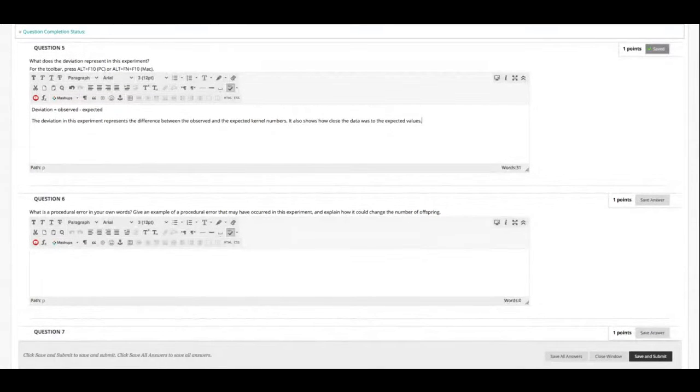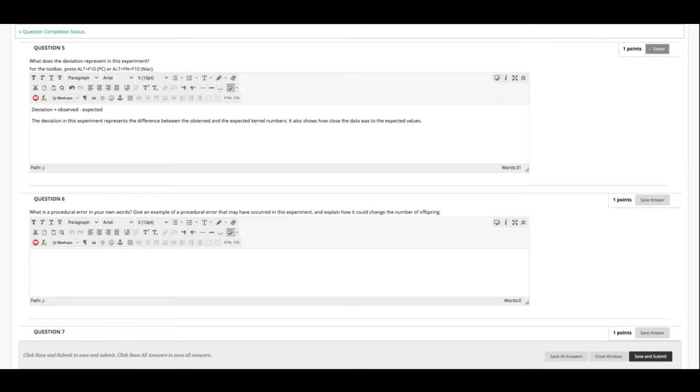Question 6. What is a procedural error in your own words? Give an example of a procedural error that may have occurred in this experiment and explain how it could change the number of offspring.